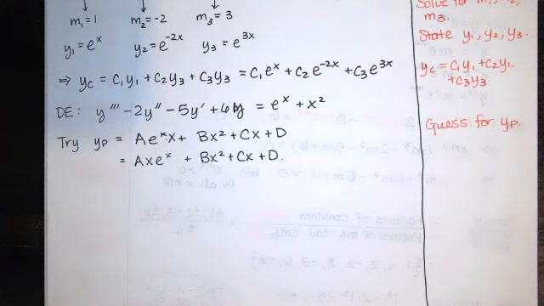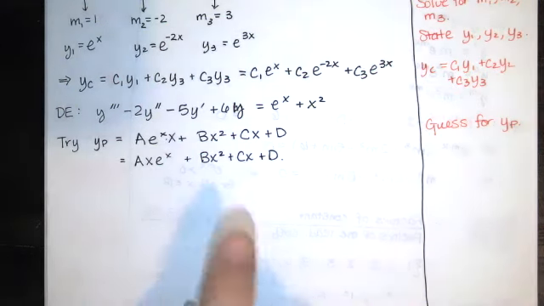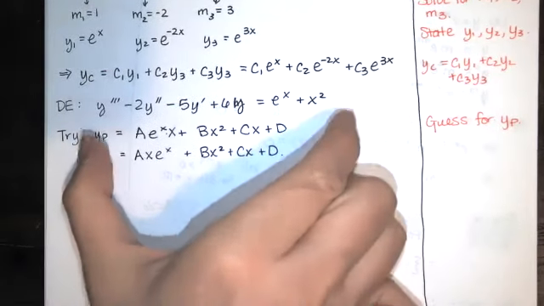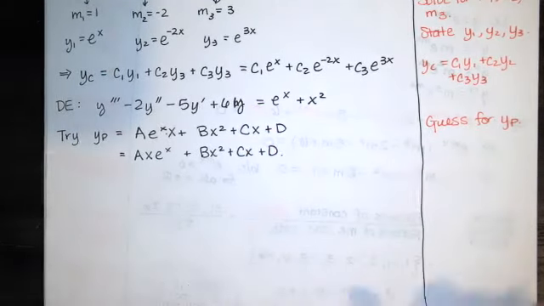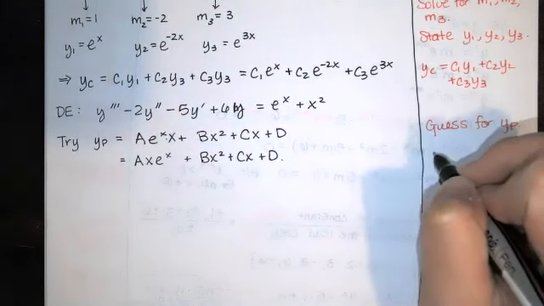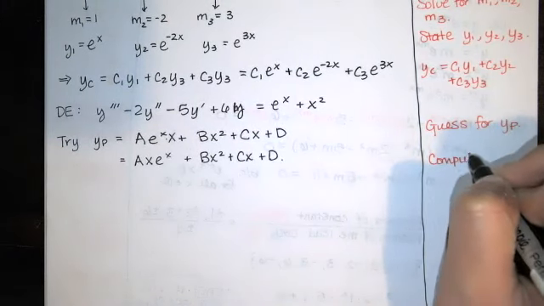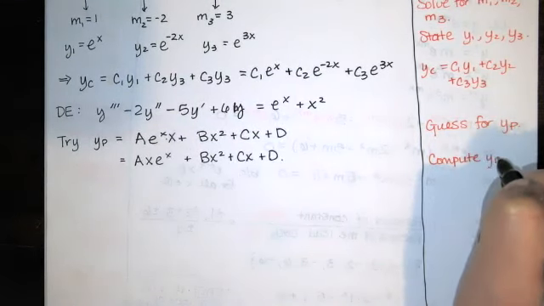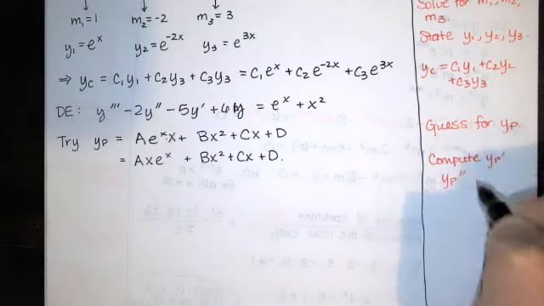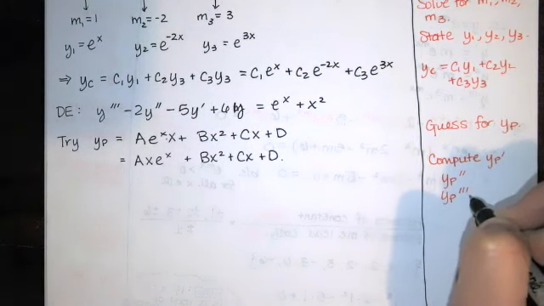That's what the method of undetermined coefficients is all about. We're trying to determine those coefficients so that this satisfies this. So we compute the first derivative, the second derivative, third derivative.